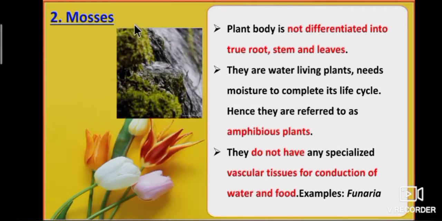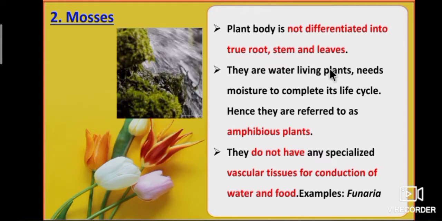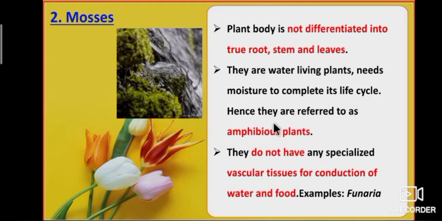Second one, mosses. This plant body is not differentiated into true root, stem and leaves. Mosses are water-living plants. They need moisture to complete their life cycle. Hence, they are referred to as amphibious plants.